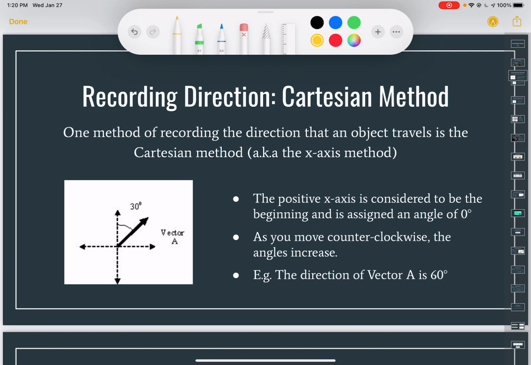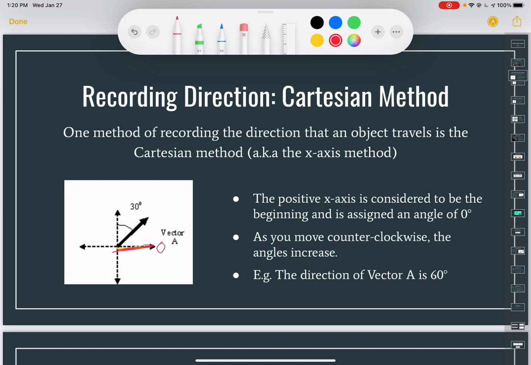As you move counterclockwise, the angle increases, and the direction of vector A is 60 degrees. So what this is saying is that we consider this line to be 0, and that's what it always would be on a graph.